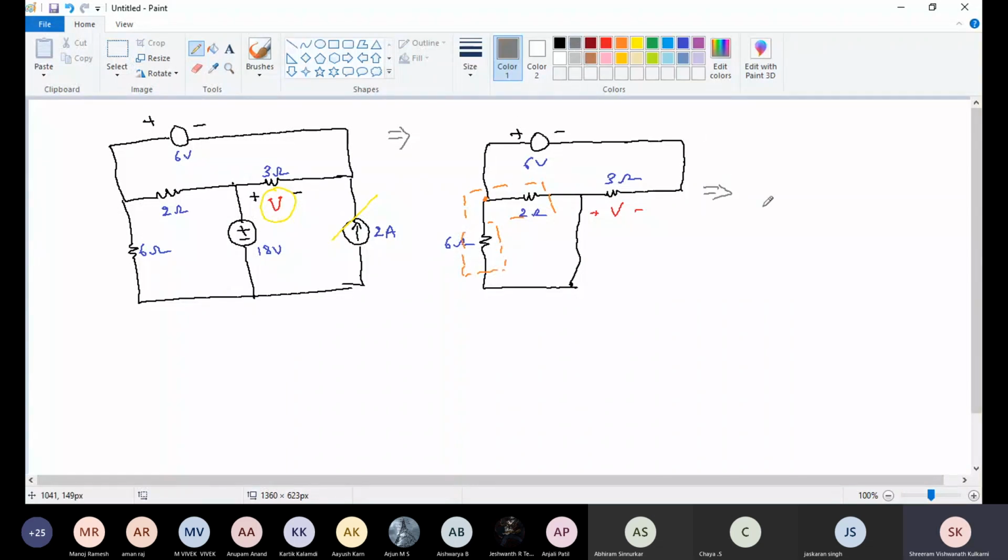Tell me, 6 in parallel to 2, what is the value? 1.5 ohm.